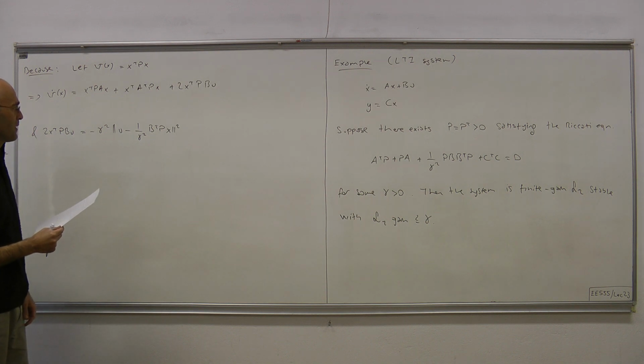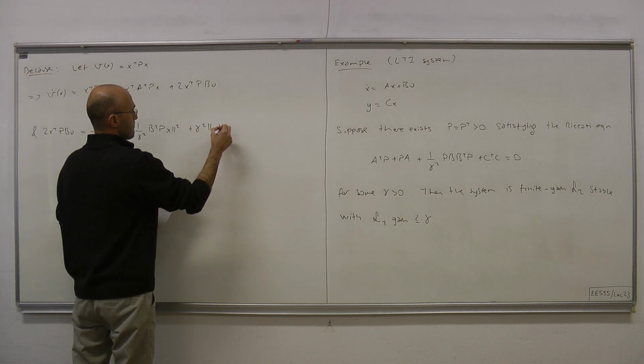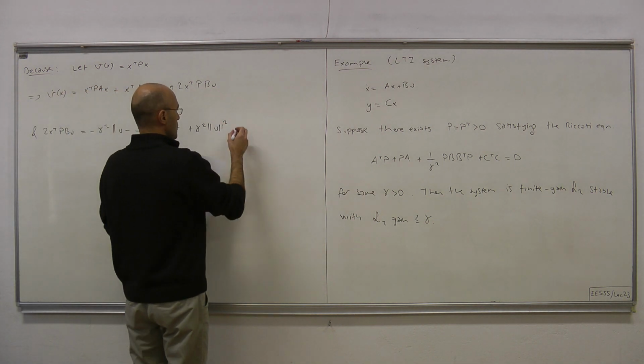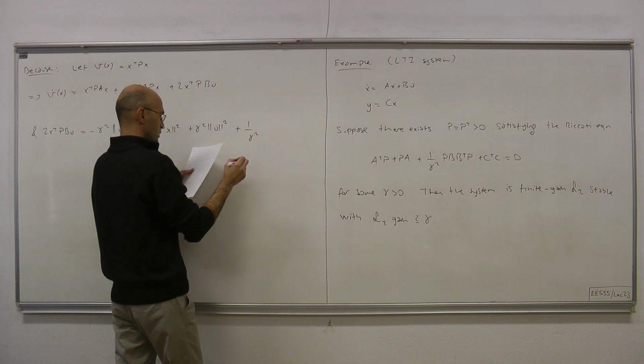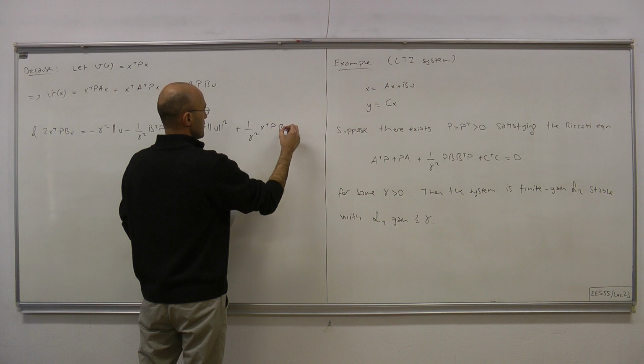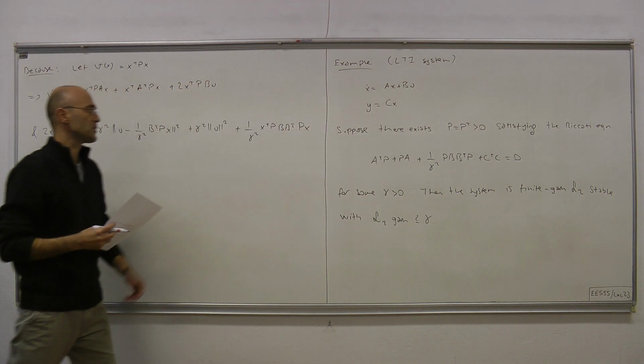Plus gamma square u transpose u plus 1 over gamma square x transpose P B B transpose Px.